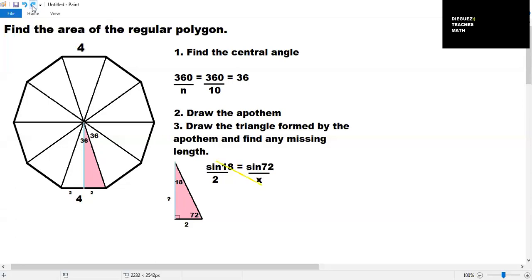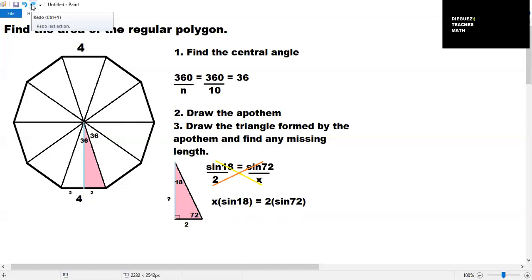From there, we want to cross multiply. So x times sine of 18 equals 2 times sine of 72. You take the yellows and multiply them, you take the orange and multiply them. You should end up with something like this, and we are trying to get the x by itself to isolate it.